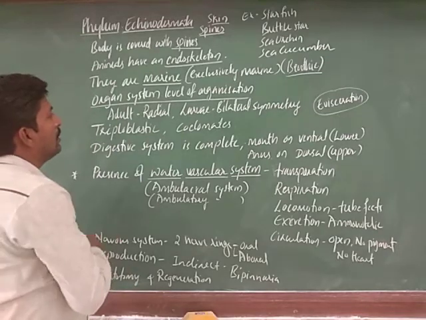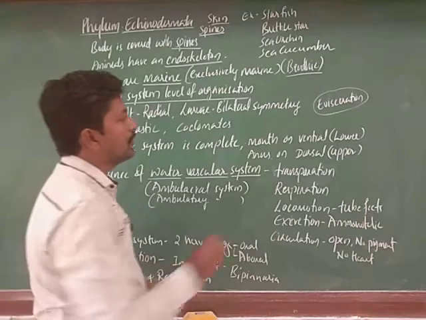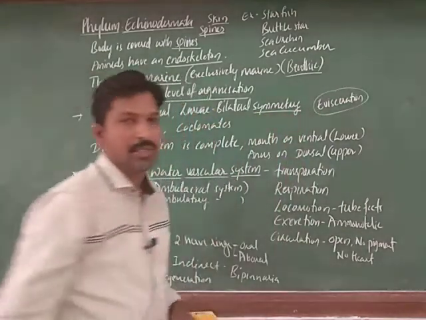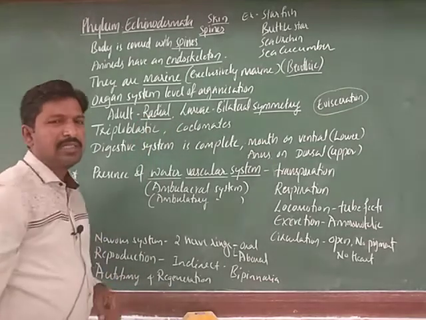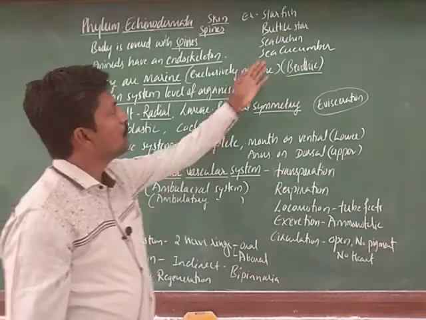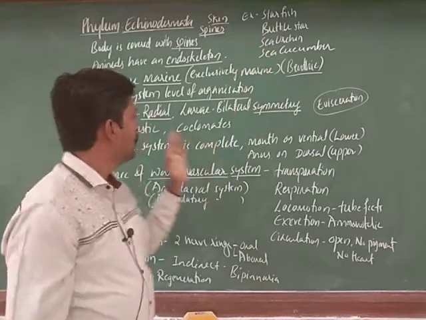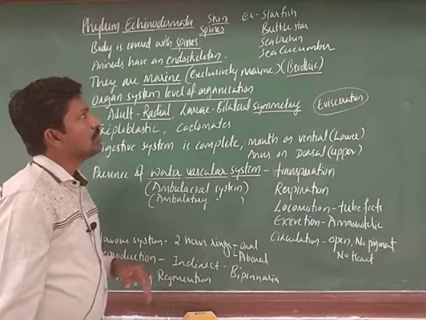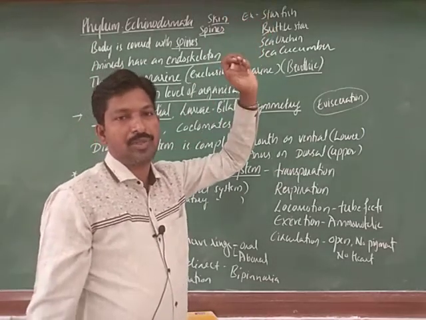Next, the other features, like the symmetry. When you consider the symmetry of these animals, usually adults show radial symmetry. Sea cucumber and sea urchin show perfect radial symmetry. In the starfish there are 5 arms which we observe.